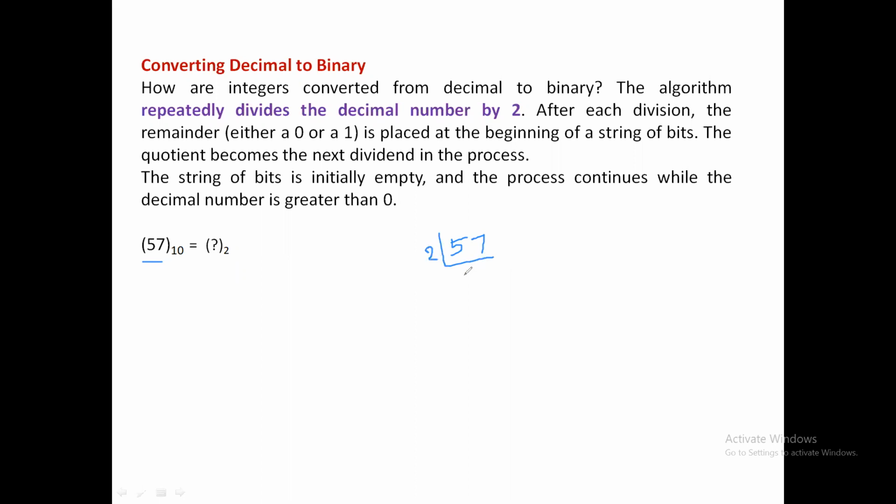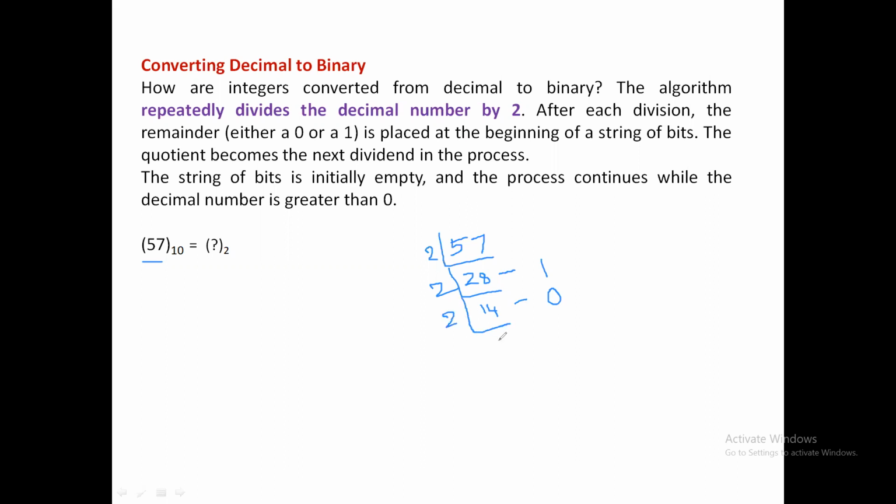So how it goes, 2 twenty-eights are 56, the remainder is 1. I'll write down the remainder over here. Again repeat the process, divide by 2. 2 fourteens, it completely divides it, therefore the remainder is 0. Repeat the process until you get 0 as quotient.